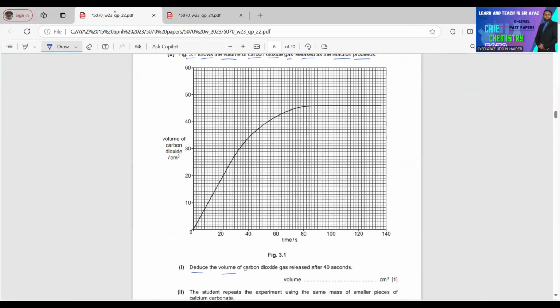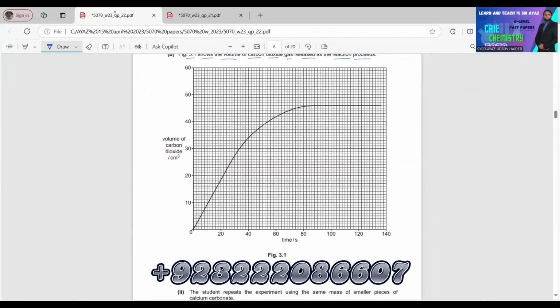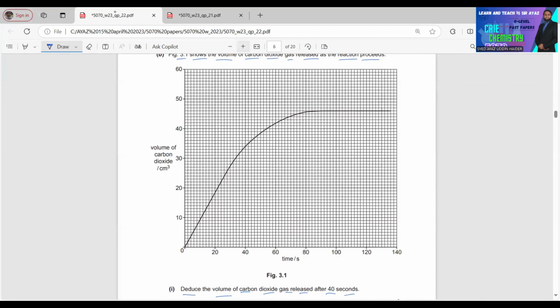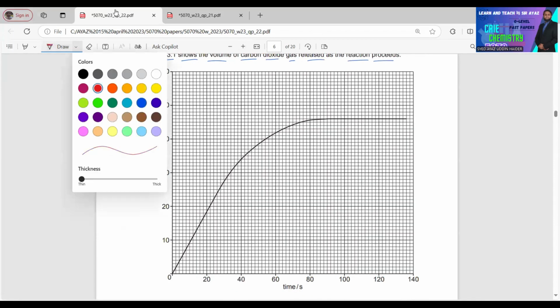Deduce the volume of carbon dioxide gas released after 40 seconds. So we need to see 40 seconds. After 40 seconds, what will be the volume of carbon dioxide? So here's 40 seconds. I am placing a line here for your convenience.